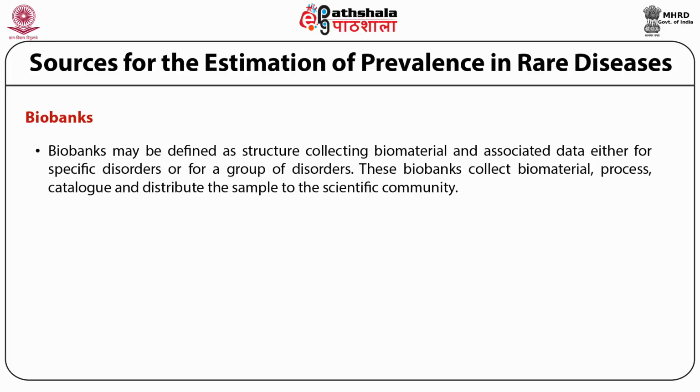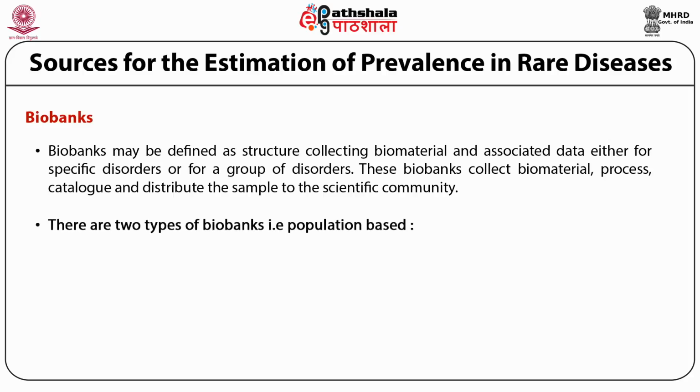Biobanks may be defined as structures collecting biomaterial and associated data either for specific disorders or for a group of disorders. These biobanks collect biomaterial, process, catalog, and distribute the sample to the scientific community.